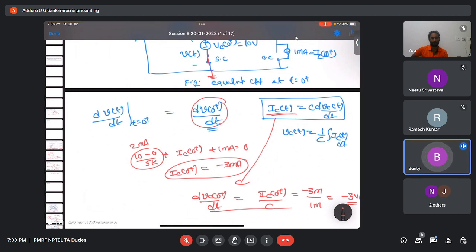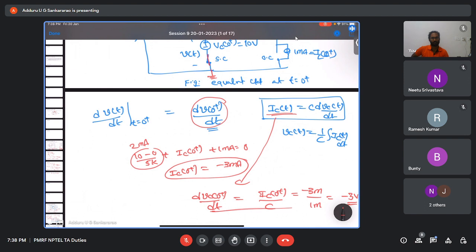Sir, what is the direction of current in the capacitor? It depends on whether the capacitor is charging or discharging. Let us say we are representing the capacitor voltage like this.